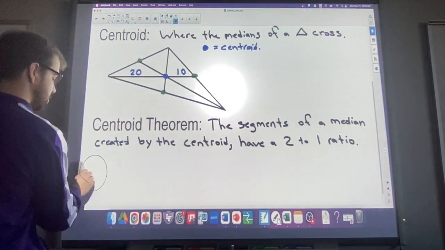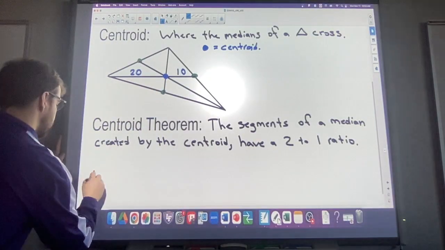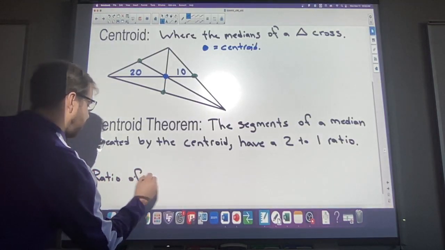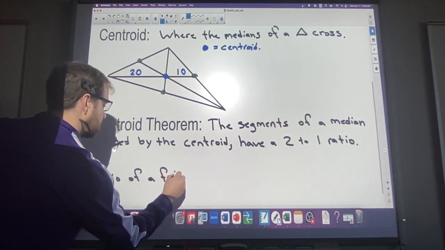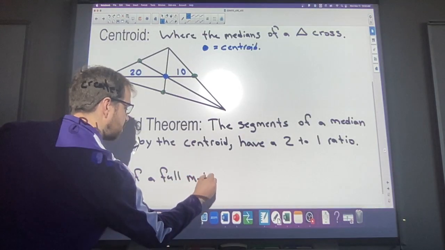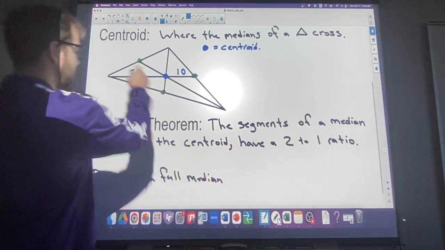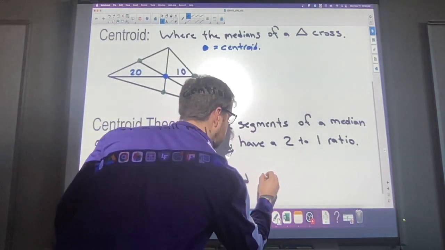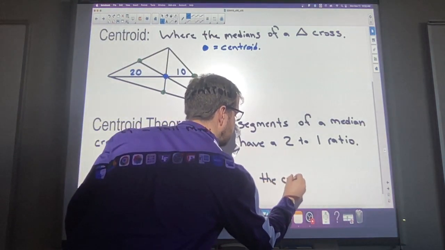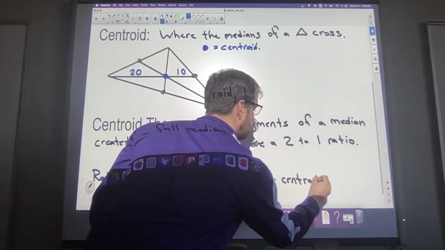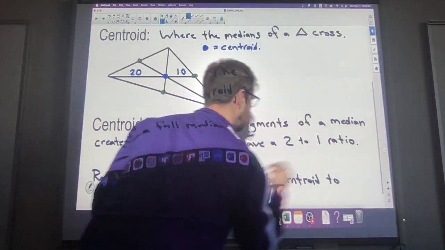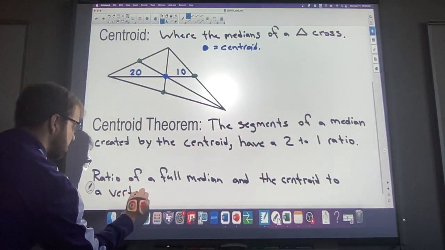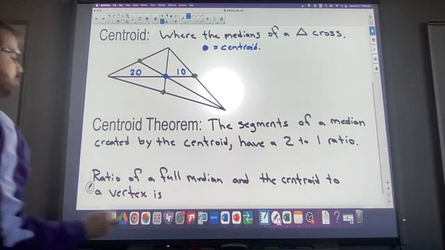Okay, let me phrase this. So the ratio of a full median, so the full length, and the centroid to a vertex is 2/3.